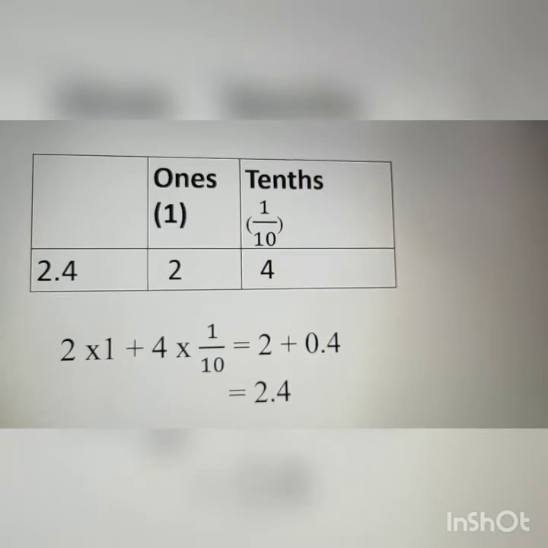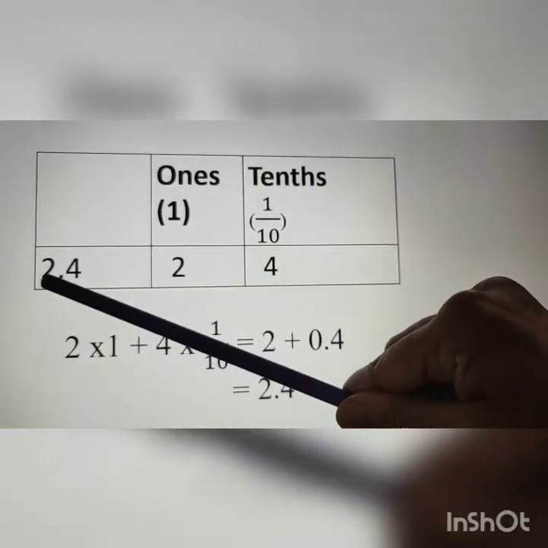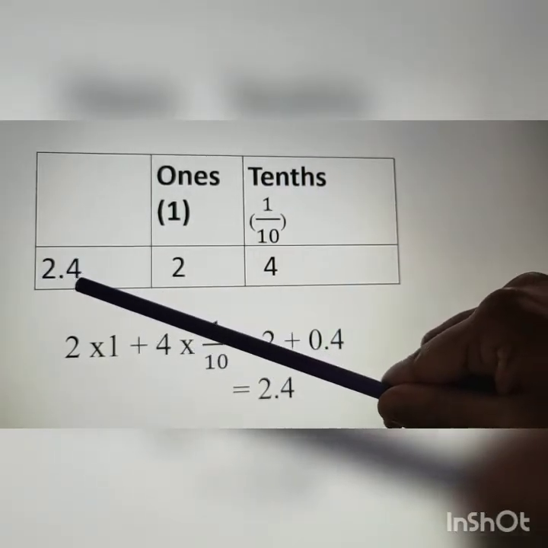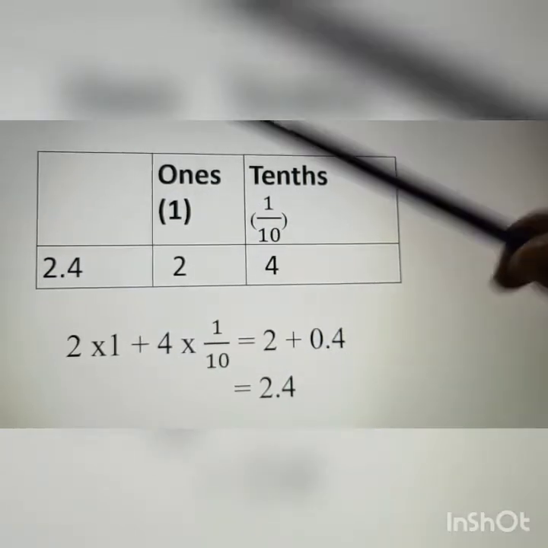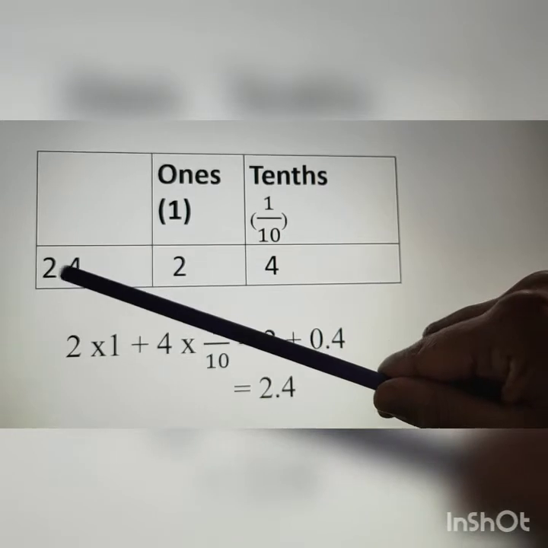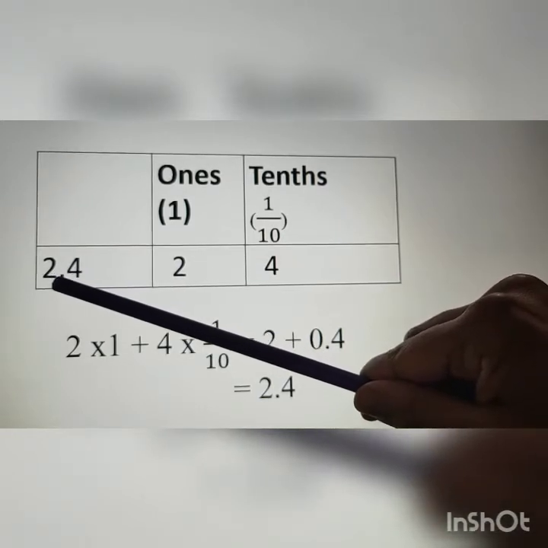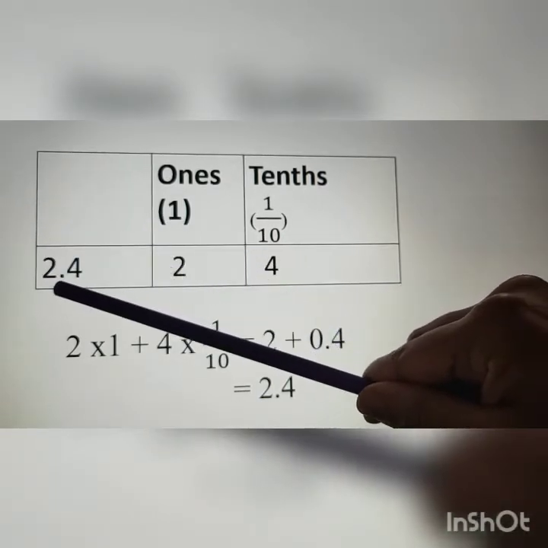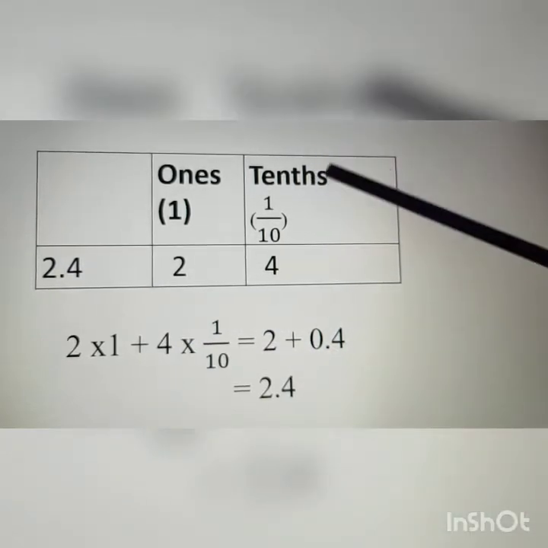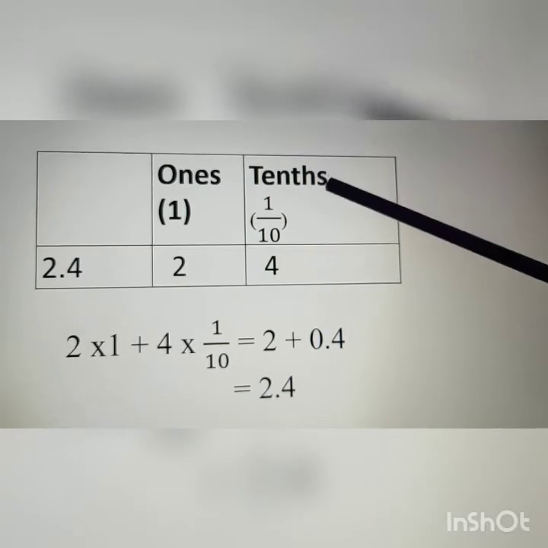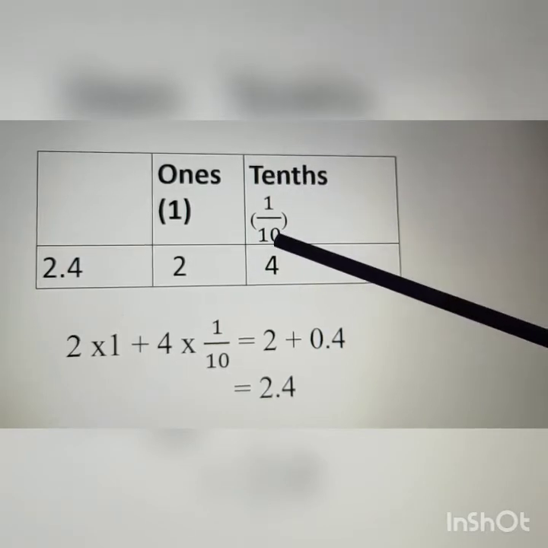Example 2.4. In this, 2 is the whole part and 4 is the decimal part. So the place value of 2 is ones. Now the place value of 4. 4 is after the decimal point. Then the first number after the decimal point, its place value will be tenths, T-E-N-T-H-S. That is 1 upon 10.